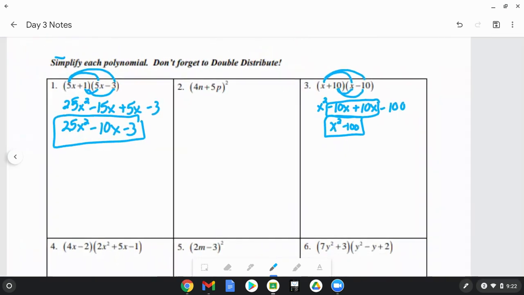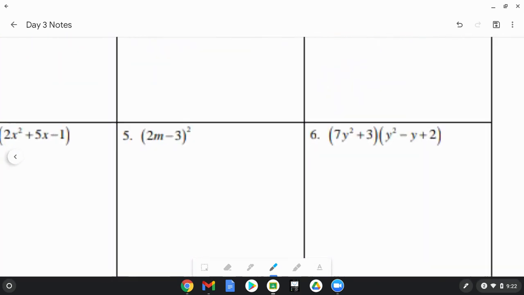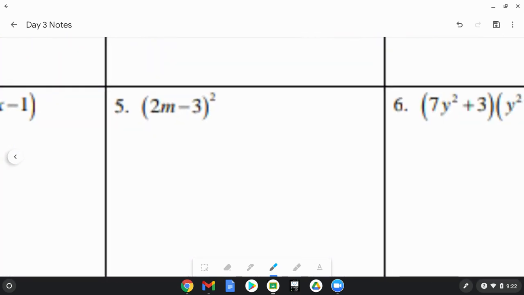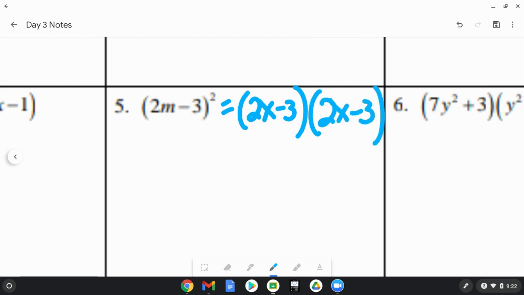Number 5. If I see something squared, this is where I'm going to write it twice. When we multiply these, the first term by first term would give me a 4x squared. The first term by the second would give me negative 6x.